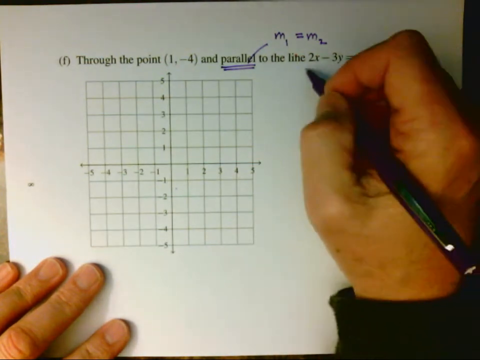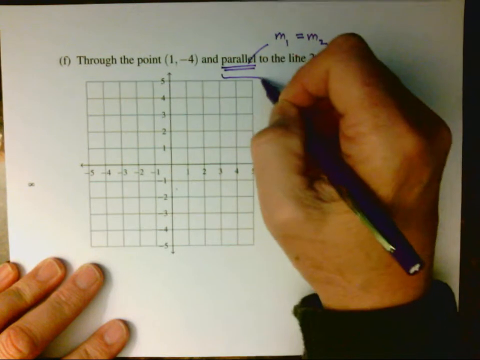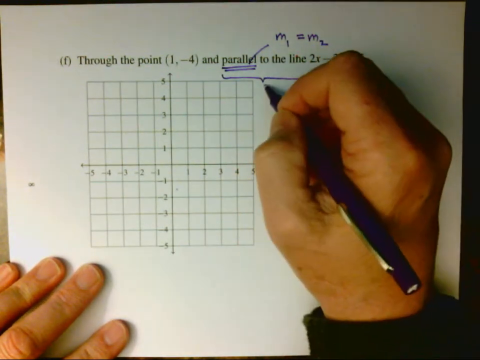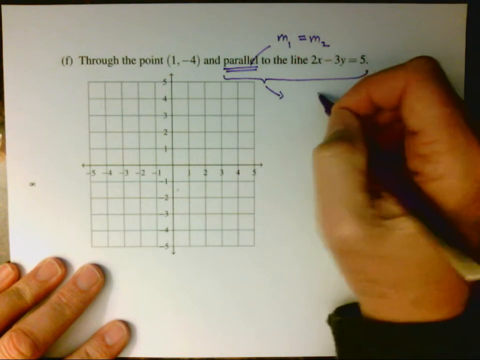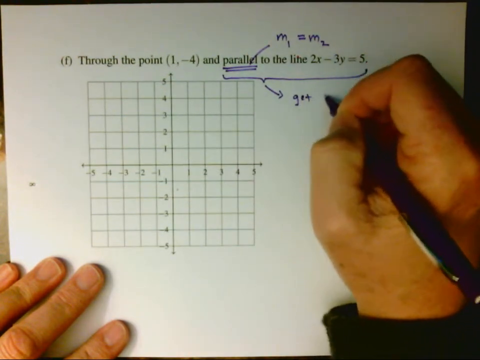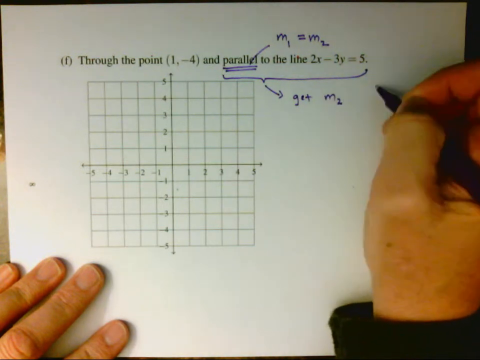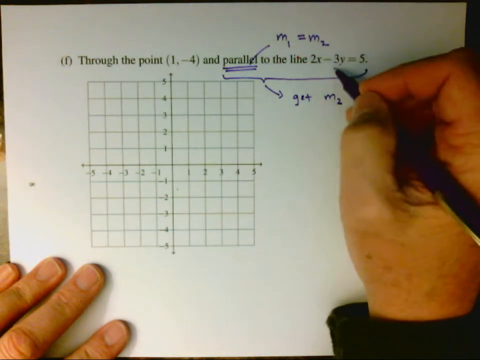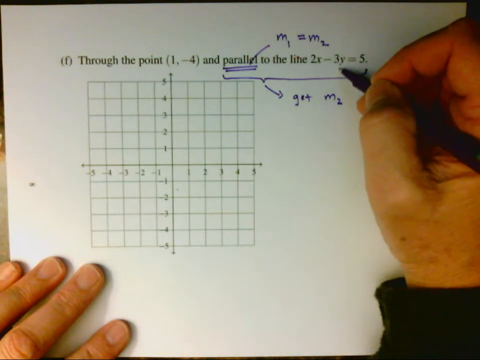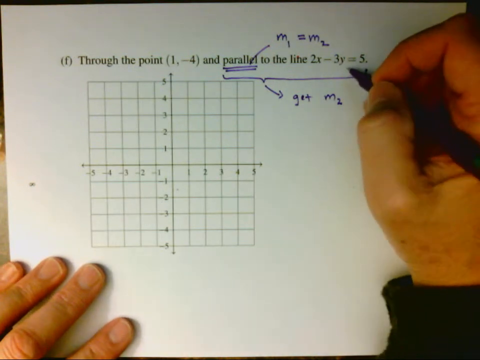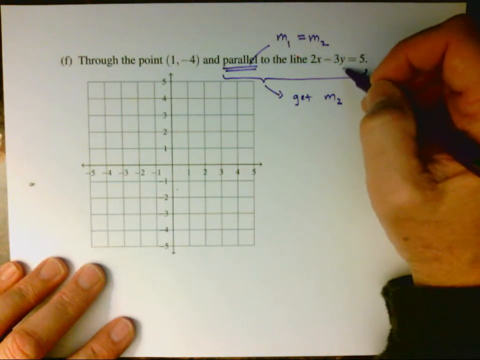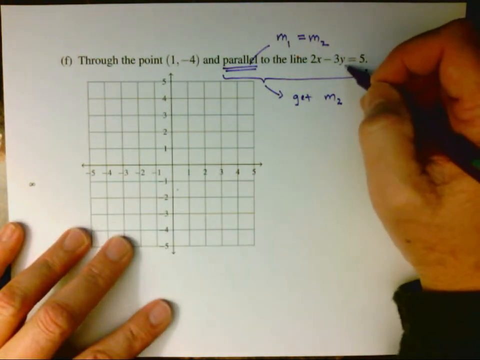So when you say parallel to this line, that's essentially language that tells you to get m2 using this line. Of course, on a test or homework, they'll never write this line in slope-intercept form where you could read it directly off. They're going to put it in something like standard form, where you have to do a little bit of work to get the slope out of it. But there's not a whole lot of work to do there.